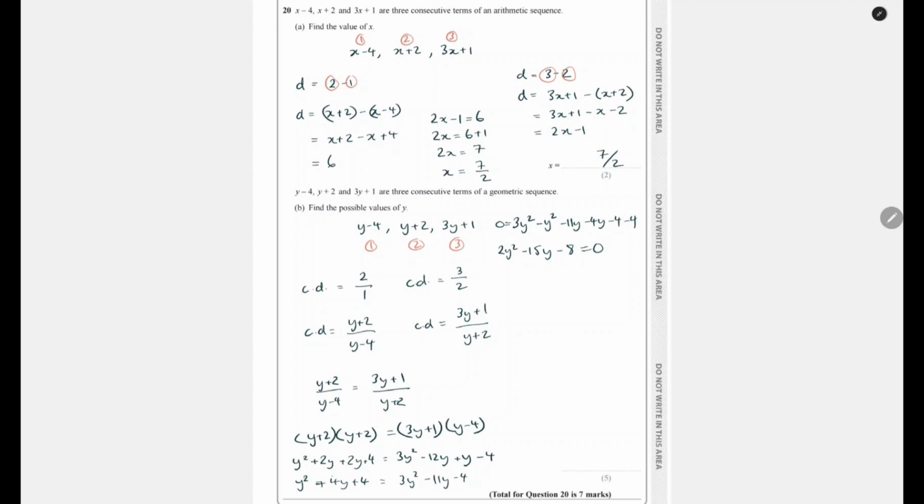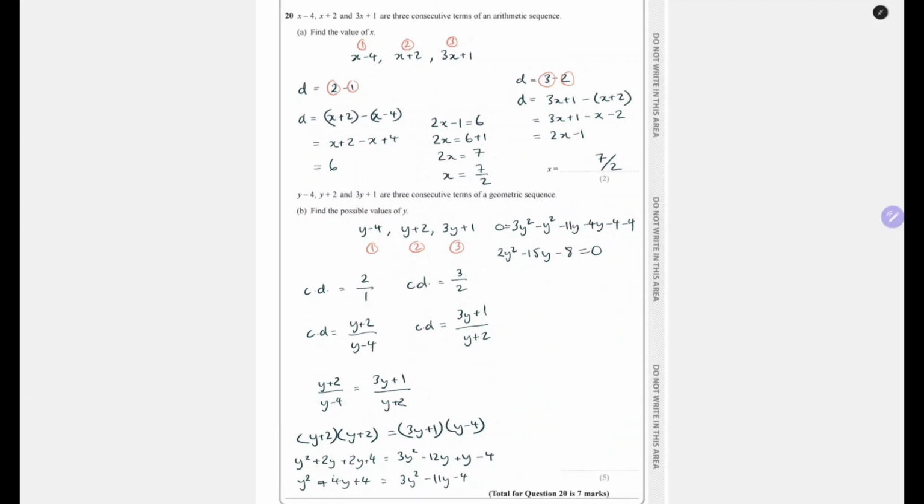Now, to factorize this quadratic, we can use the quadratic formula, or we can use splitting the middle term, as we did previously in question 15. Our middle term becomes 2y squared minus 16y plus y minus 8. So we split minus 15y into minus 16y plus y.